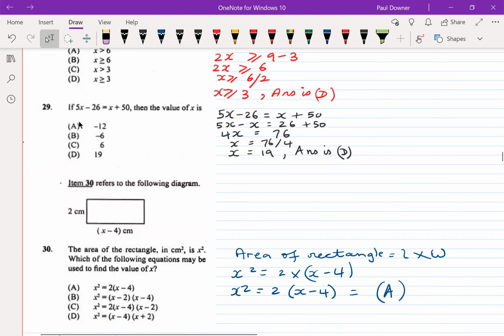Next one, we have this relationship. What is x? In other words, if this is the case, solve for x. So it's some algebra we're doing, right? 5x minus 26 is equal to x plus 50. Well, the first thing we do is we get rid of the x from the right-hand side, and we get rid of the minus 26 from the left-hand side, right?